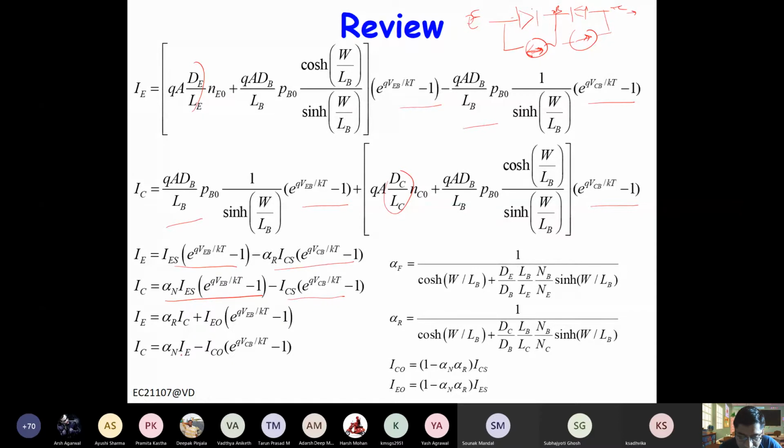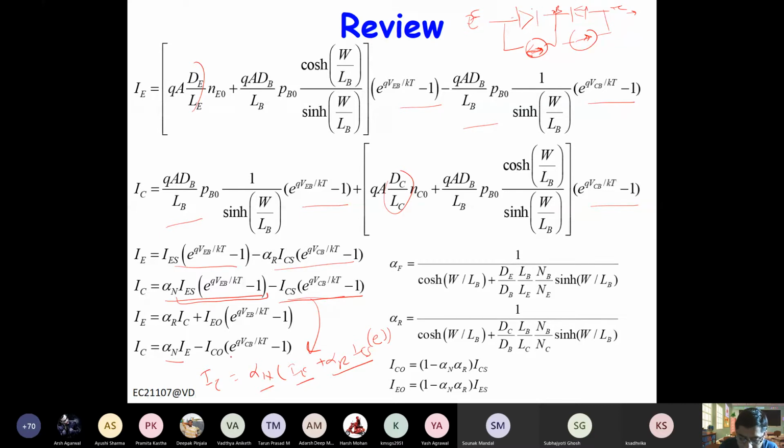So this will basically be alpha N times, see here this equation, IC is alpha N times, now this you are substituting IE plus alpha R ICS exponential term, right? So alpha N IE is here, and this alpha R ICS and minus ICS, right?